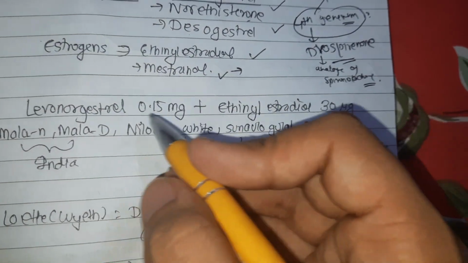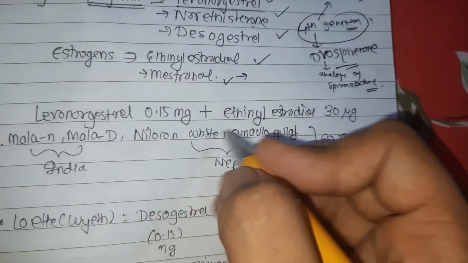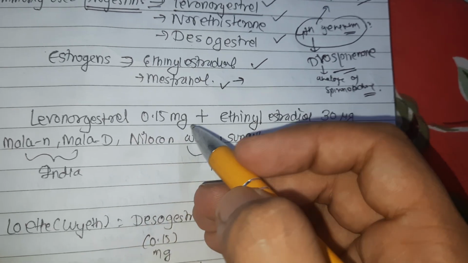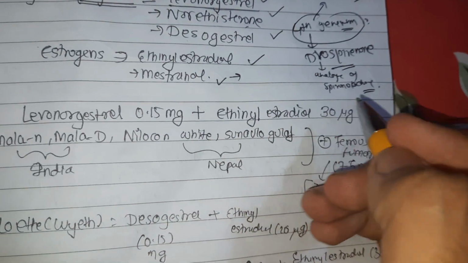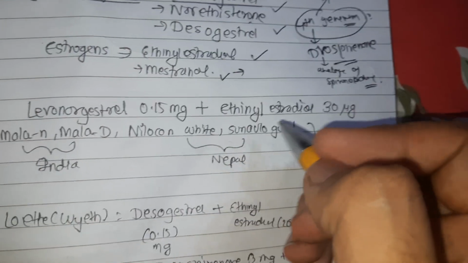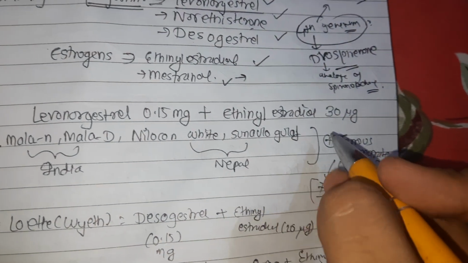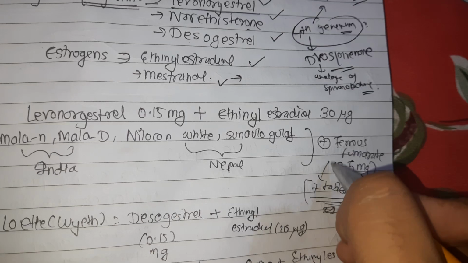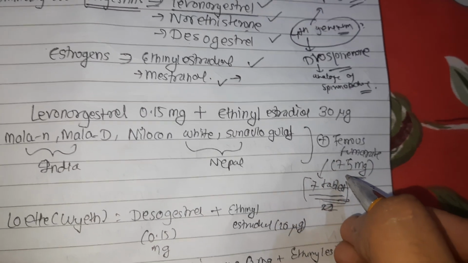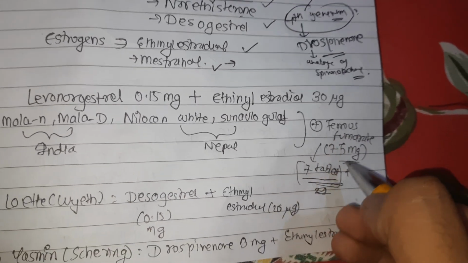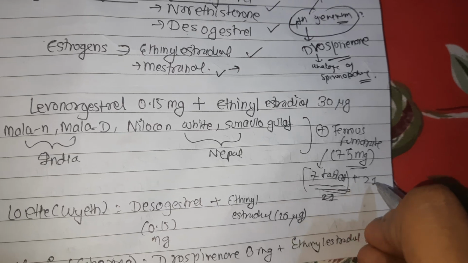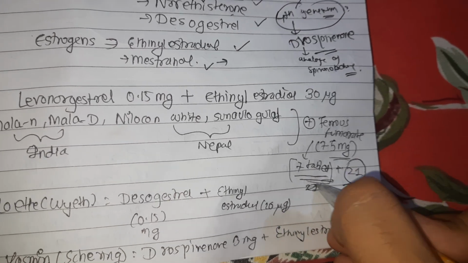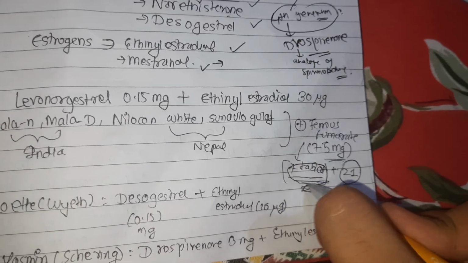This combination is very important, and it is better to remember it: levonorgestrel 0.15 milligram plus ethinyl estradiol 30 microgram. Additionally, they may contain ferrous fumarate, a 75 milligram iron tablet, in the pack formulation: 21 hormonal pills and 7 iron tablets.